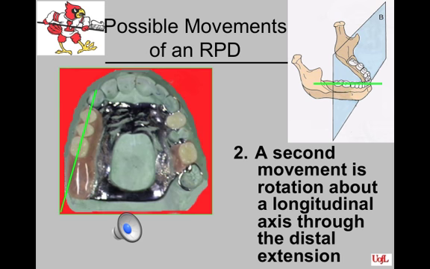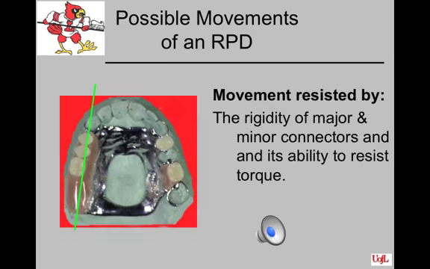A second movement is the rotation about a longitudinal axis that goes through the frontal plane and the distal extension. That movement is resisted by the rigidity of the major and minor connectors and its general ability to resist torque.